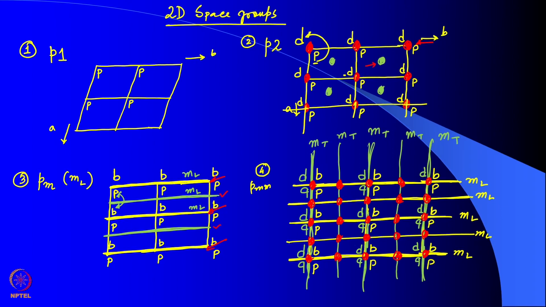Here, these two MLs gave rise to a new ML. These two MTs gave rise to a new MT. And the point of intersection of MT and ML gave rise to a twofold. So, in crystallography, whatever symmetries are present can give rise to other symmetry elements, and that becomes very important in crystallography to find what additional symmetry elements are formed because of a certain amount of symmetry that is being applied.